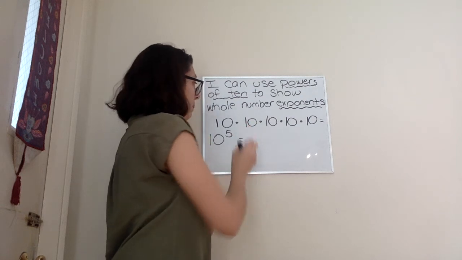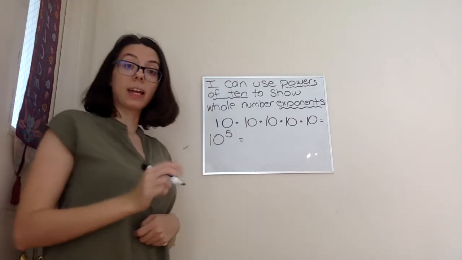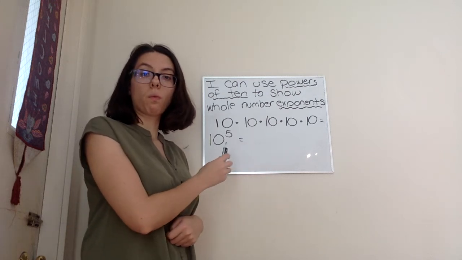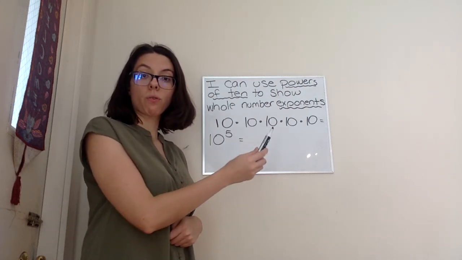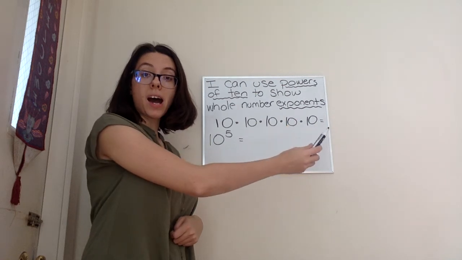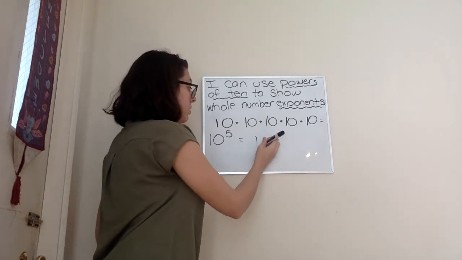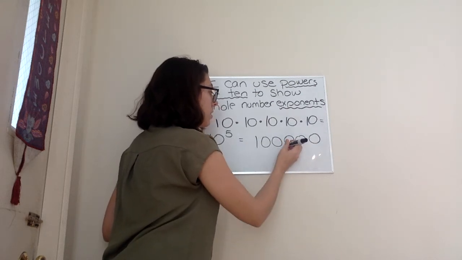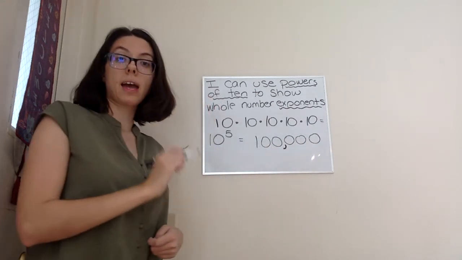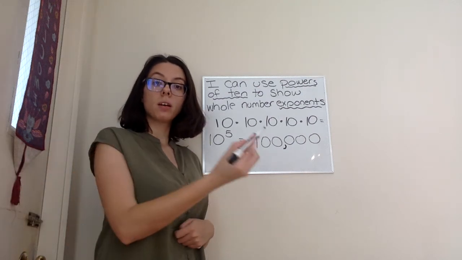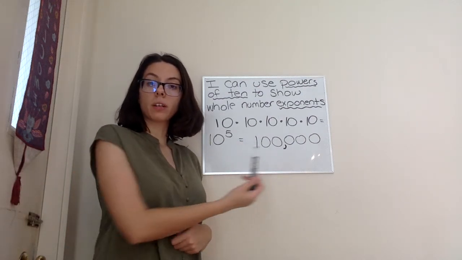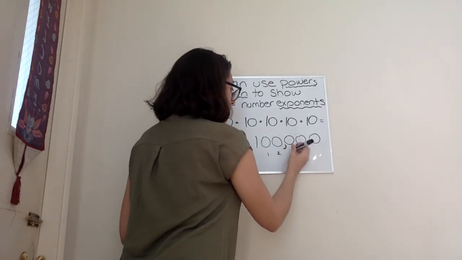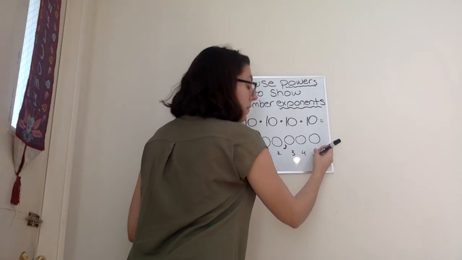Now, if I was to think about what the answer to this would be, well, if I multiplied 10 by itself 5 times, I would get 100,000. And again, it's because I can see 1, 2, 3, 4, 5 zeros.